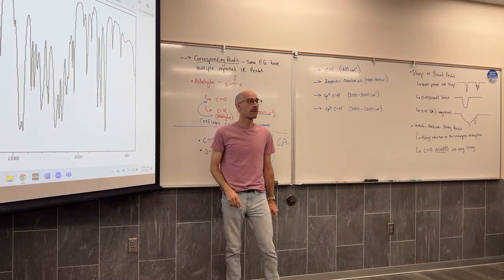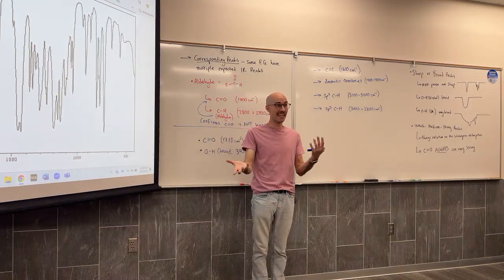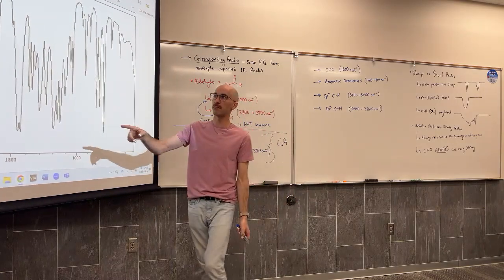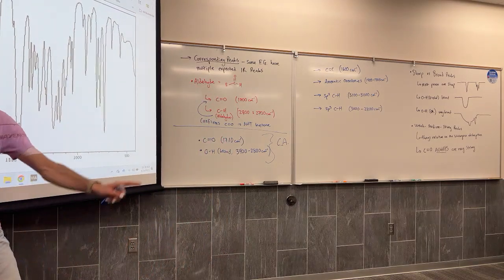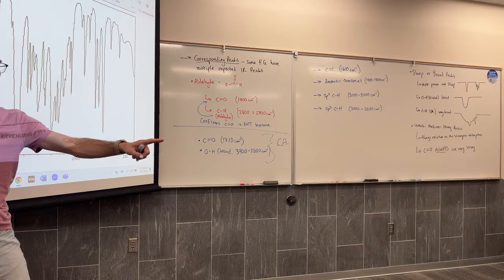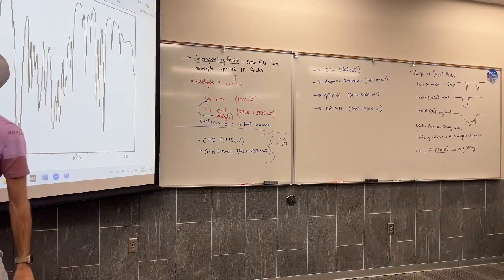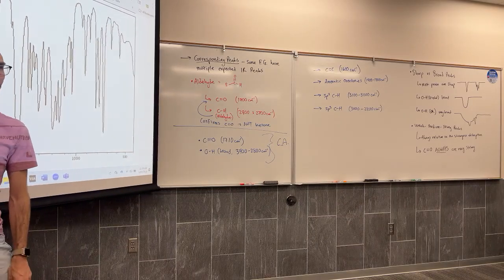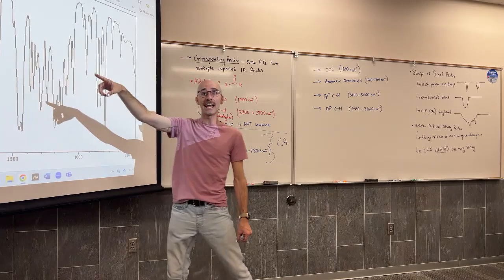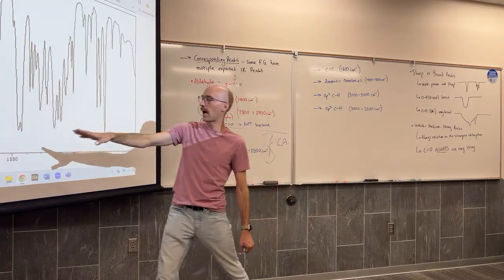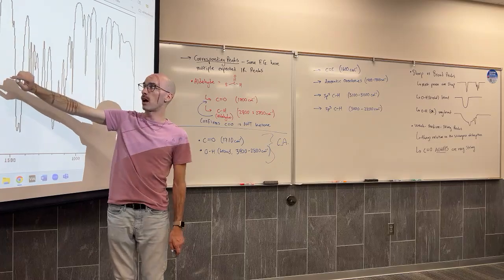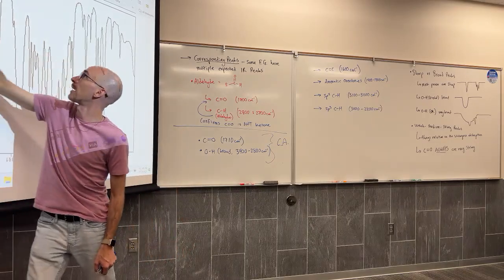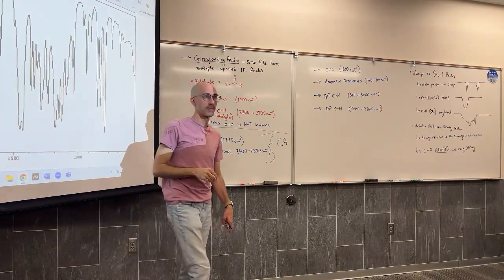Now, I would say it's between NH and OH. This is much broader than most NH groups that you would see, but I agree it's not broad at the bottom. For some reason, it came out sharp at the bottom, but it is overall broad. If that was an NH absorption, I would expect another NH absorption here, but I feel pretty confident I have an aromatic ring from all of these corresponding peaks.